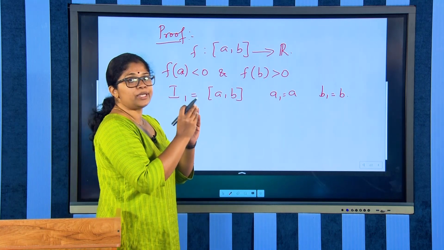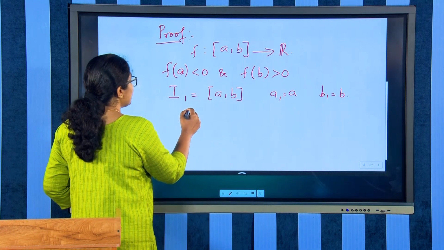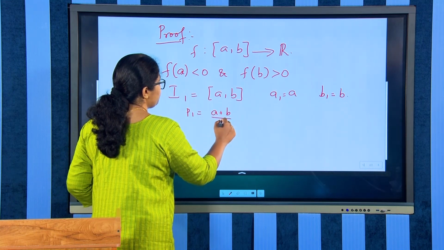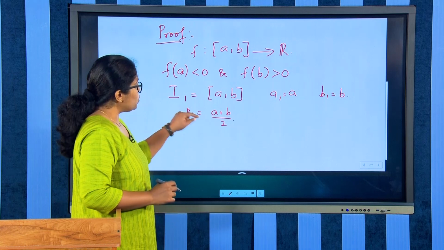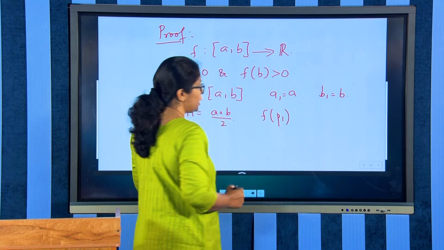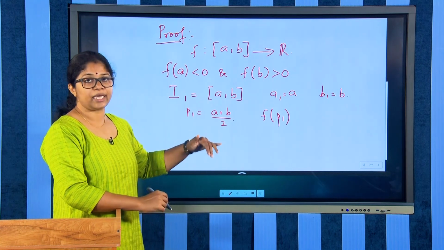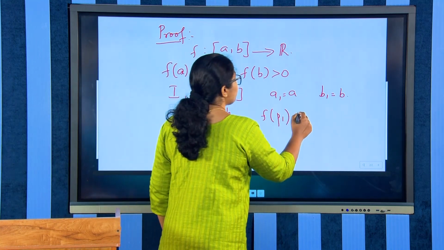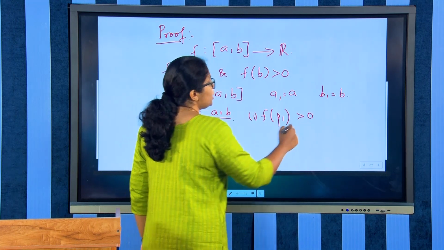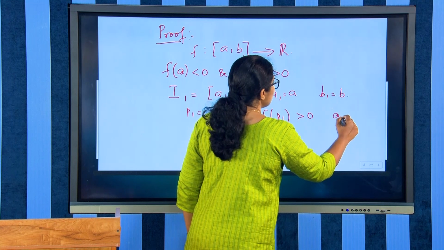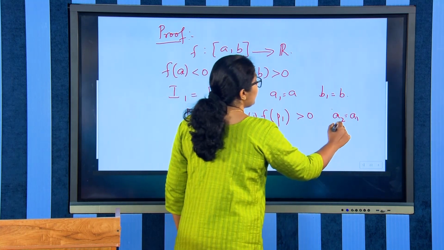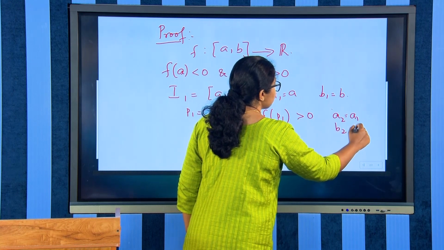Take the midpoint of A and B. That means, let P1 we choose as (A plus B) by 2. Now, you look at the image of this point, f of P1. If f of P1 happens to be greater than 0, that is the first case, take A2 to be equal to A1 same, but B2 we will take as P1.